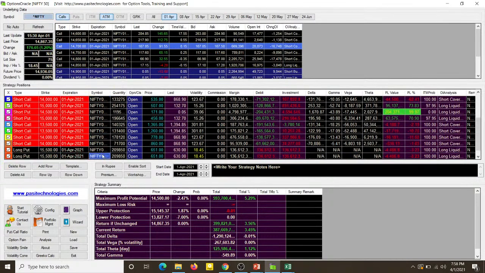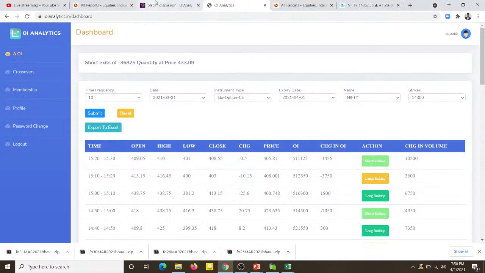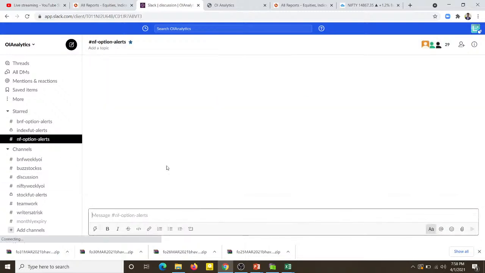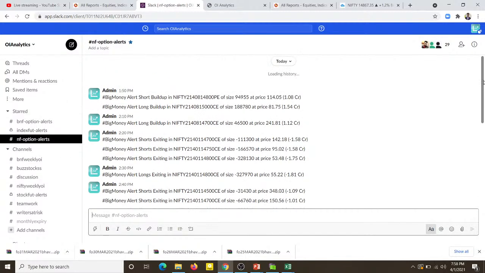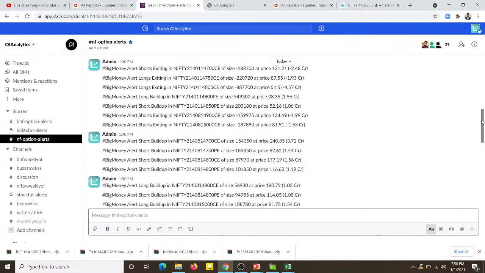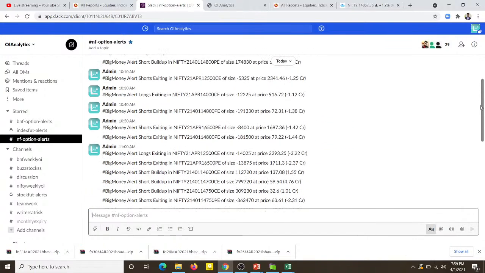So now let's do one thing. Let's add position by position from the alerts, right? This is the alerts of Nifty. So what I'm going to do is add significant positions that got built up at the opening, and then add any other significant positions that are coming, correct?